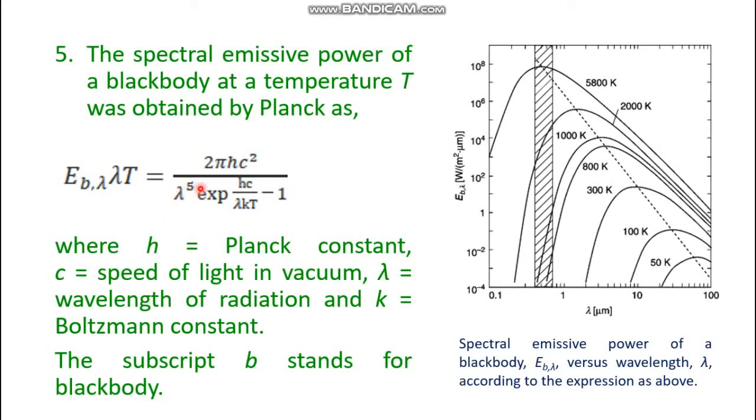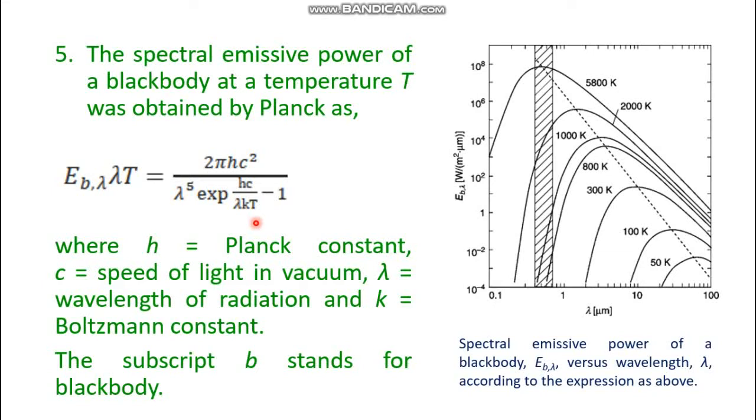This is very interesting: lambda to the power 5, and then e to the power hc by lambda kT minus 1. So this is Planck's equation, and all the physical quantities have their own significances, and k is the Boltzmann constant.